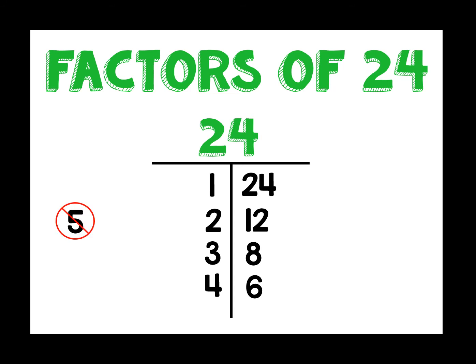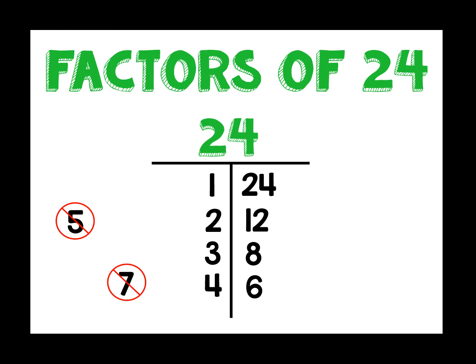A given number has to have a 5 or 0 in the ones place to be divisible by 5, so 5 is not a factor. With 6, we already used 6 with 4 times 6. We do not need to list it again. 7 is not a factor.